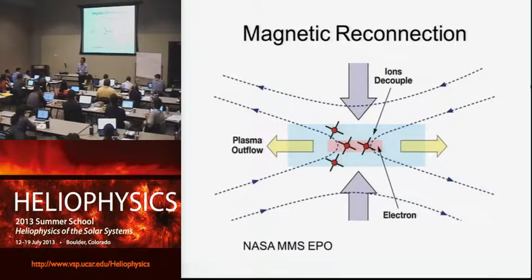Chapter 2 of Kivelson and Russell, or chapter 10 of Jackson. Ion scales, collision MHD scales, right? So this big scale is when you have all your invariants, all your motions are conserved.